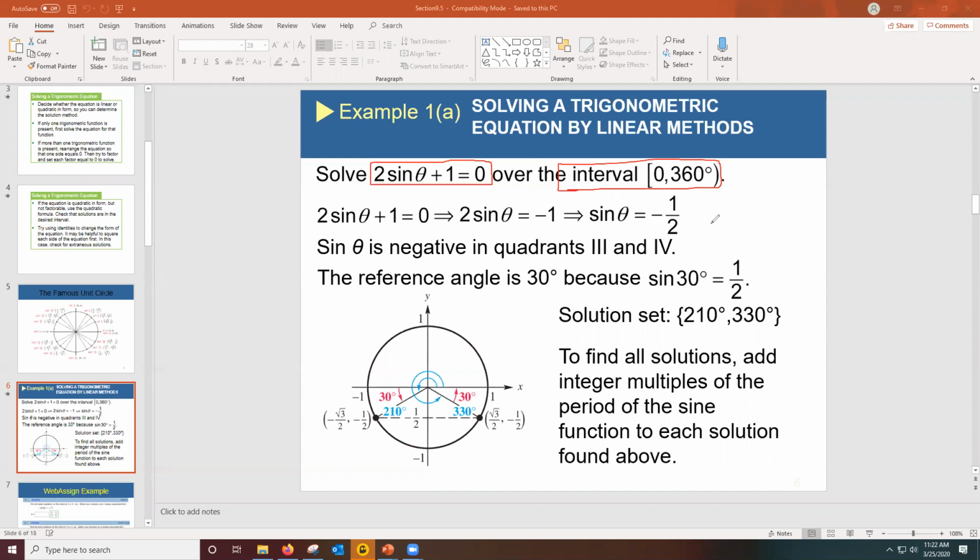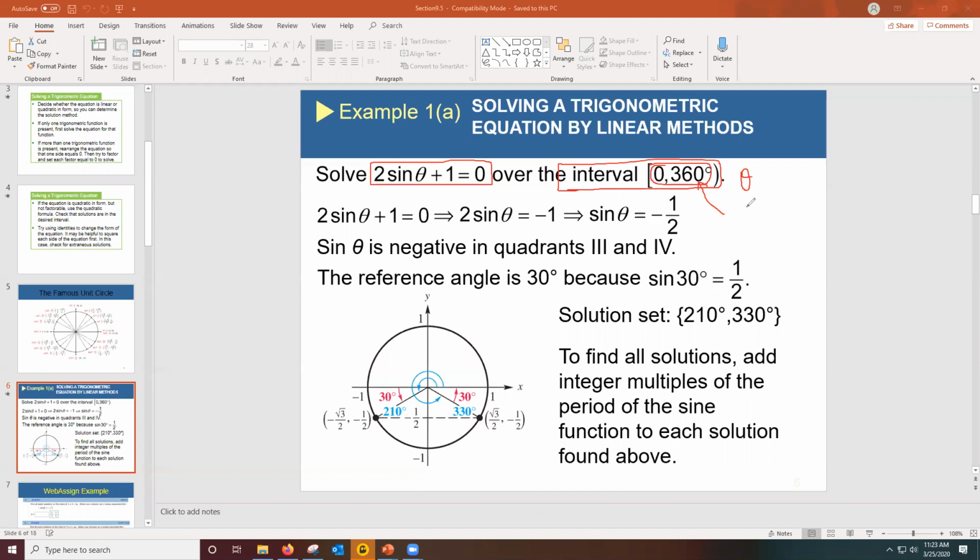Remember, what that means is any answer you come up with has to be an answer inside of this range. Remember, you're going to try to find theta in these examples. So what this problem is telling you is theta can only be an answer in between 0 and 360 degrees.